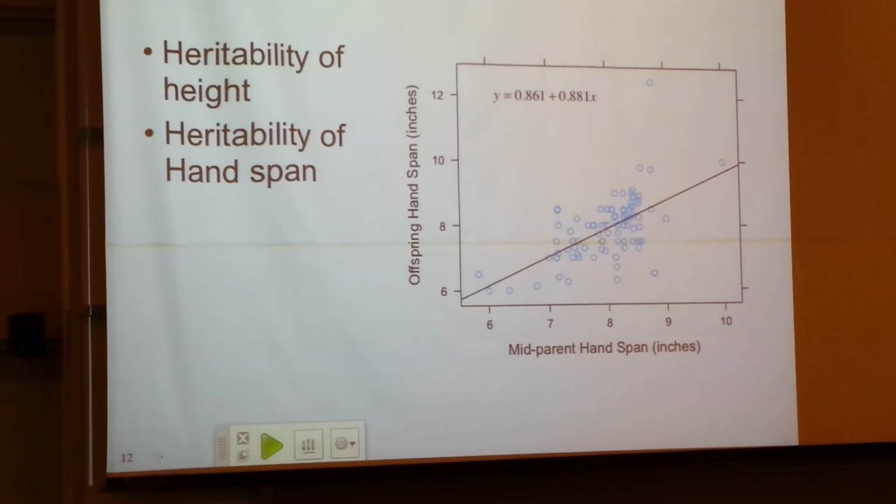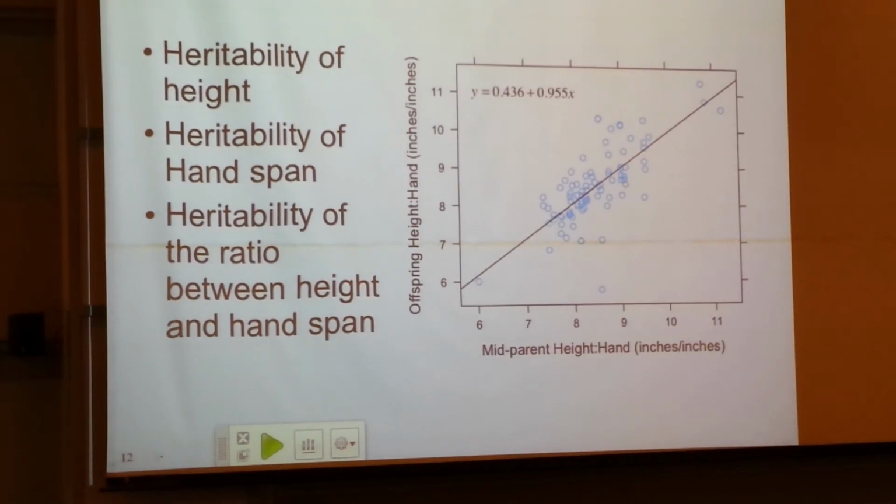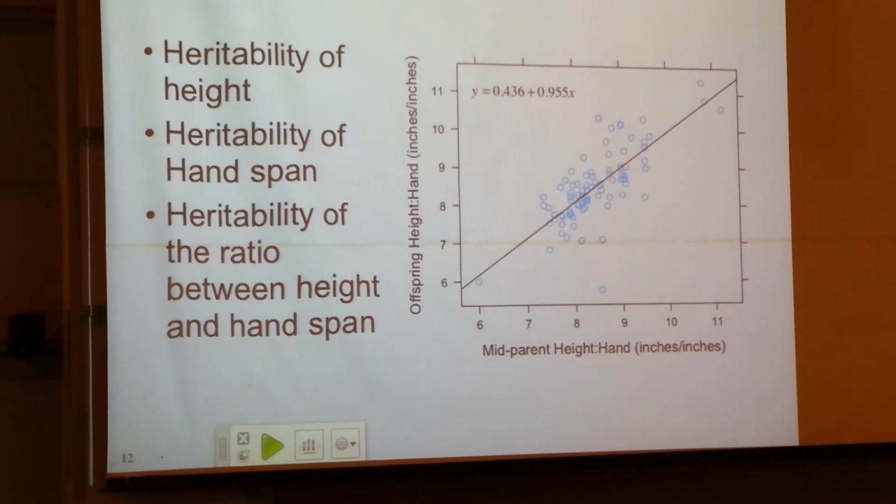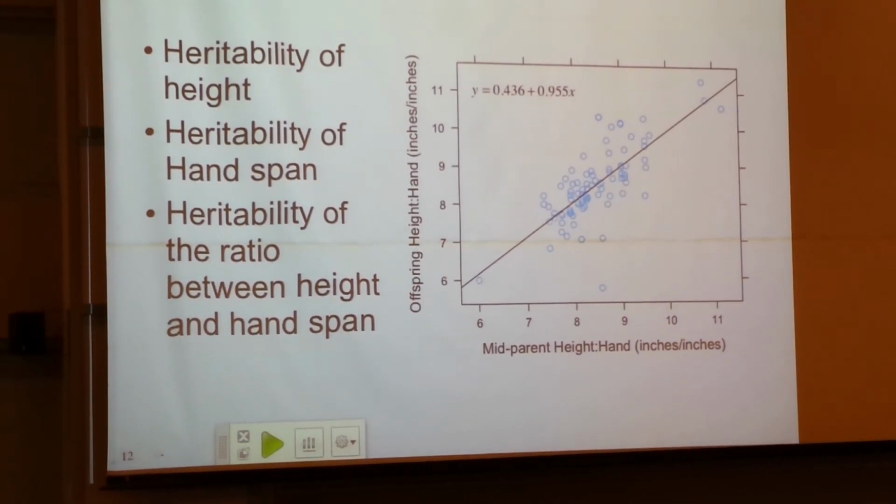And then, just for the fun of it, I looked at the ratio of the two, so height as a function of handspan. If you have a handspan of 8.5 inches, more or less what mine is, that means I'd be 12 times 8.5 inches tall.